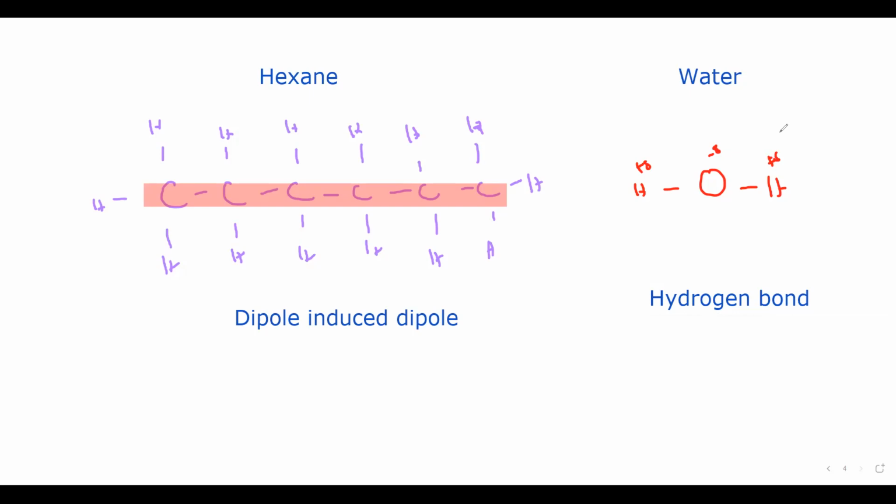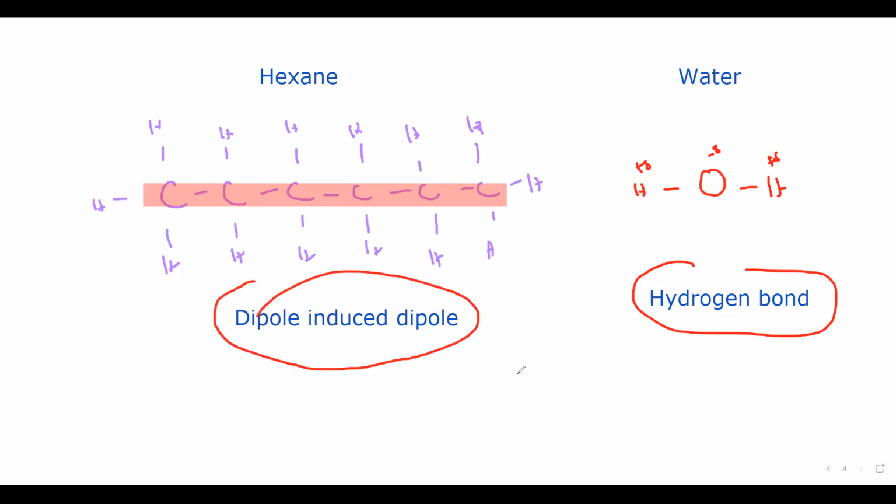So they don't have a common type of force. When molecules do not have a common type of force, they will be immiscible, will not dissolve, or will be insoluble. So for covalent substances, you will check the type or nature of the intermolecular force.